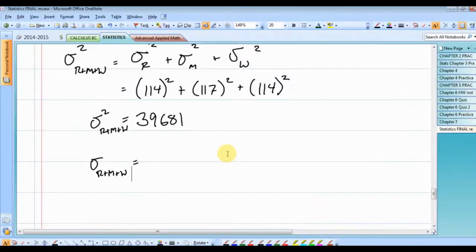So it doesn't work if you just add the standard deviations? Exactly. It does not work if you just add standard deviations. You have to add variances, if you're combining variables.